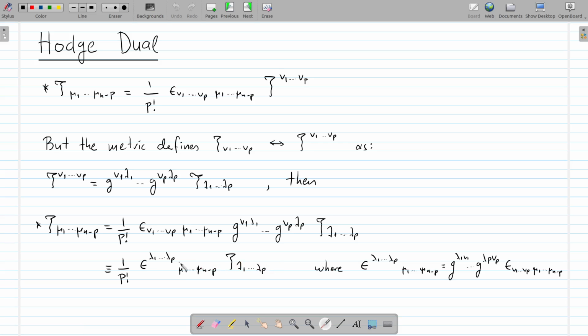But you see that this equation here defines the dual of a p form to be an n minus p form, something that was not possible when we don't have the structure of a metric.